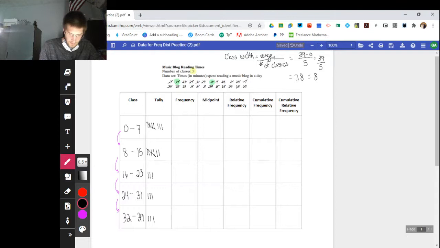All right, so now that I have all my tally marks done, I can go through and say, okay, well, let's do the frequency. The frequency is just the total of the tallies. So I have 8, 7, 3, 3, and 3.